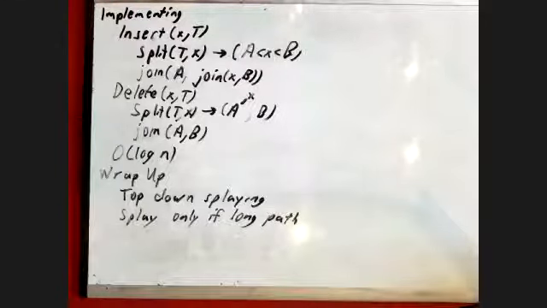Why might it be a good idea? And this starts to get at what is the one downside of splay trees compared to other tree data structures. When you have a long path, it's more likely that it's unbalanced. But if it's a short path, you might be unbalancing it.